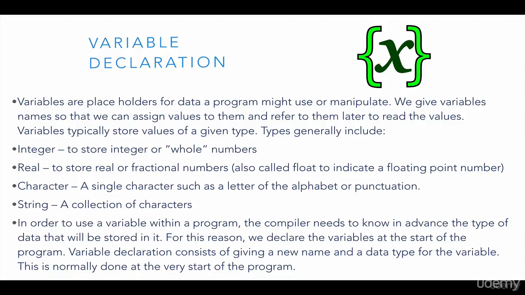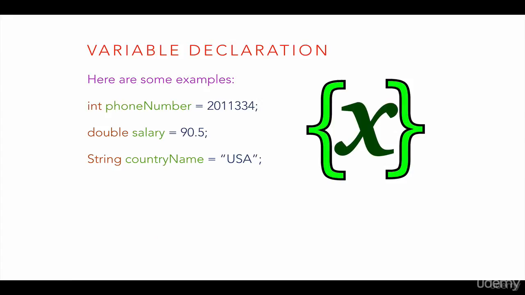Okay, so let's see some examples of declaring and assigning values to these variables. For example, imagine that I want to create an integer variable. The data type is integer, and the name of my variable is phoneNumber. As you can see, the style of writing my variable name is called camel case style.